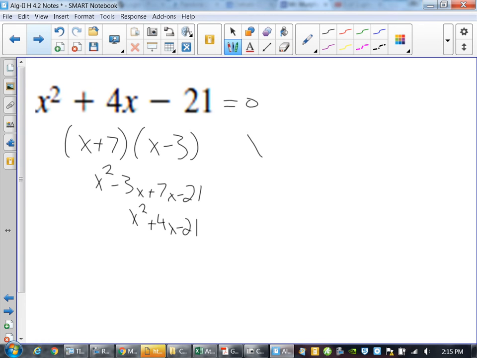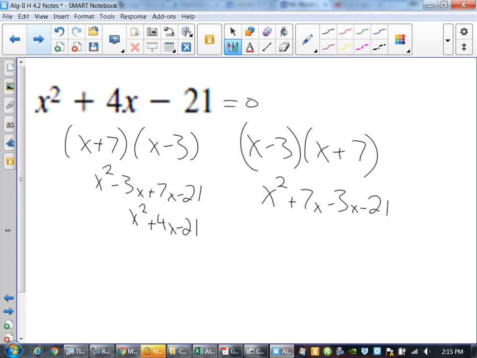If you go the other way and FOIL that out, don't you get the same thing? It does work, because you're multiplying, and 2 times 3 is the same thing as 3 times 2. It works out just fine. The zeros here are the same zeros there. If they're not, you don't do it.